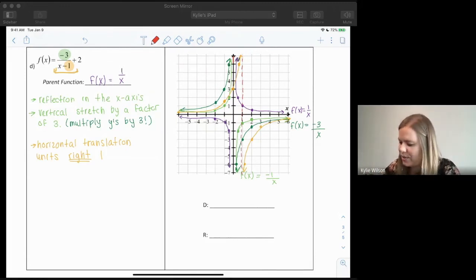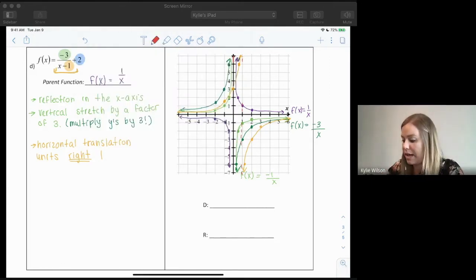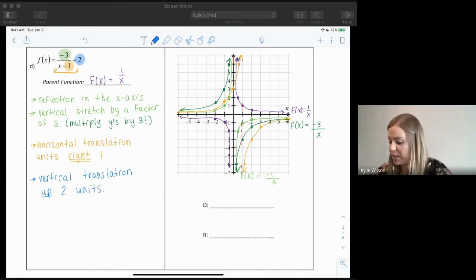And now let's do our final transformation. We have to deal with our little c. So this last one here, and we're going to go up 2. So we have a vertical translation up 2 units. Now we take all of the orange dots and move them up 2 units.